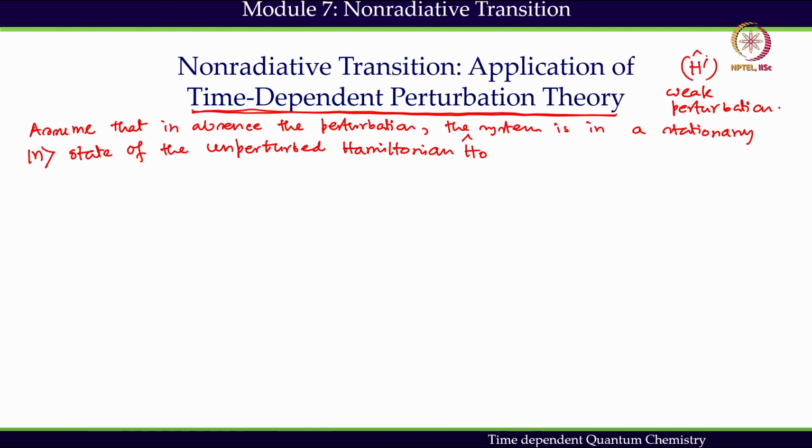So before the interaction process, I will assume that my system is in the n state, a particular discrete state.